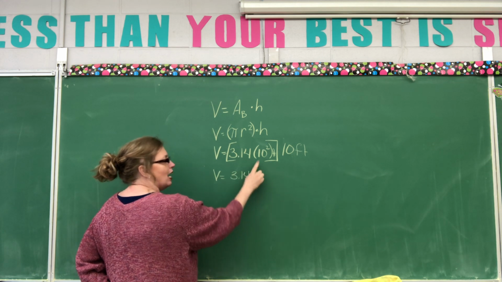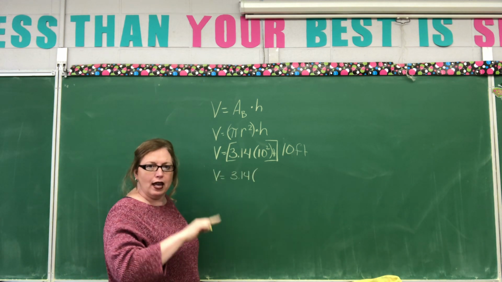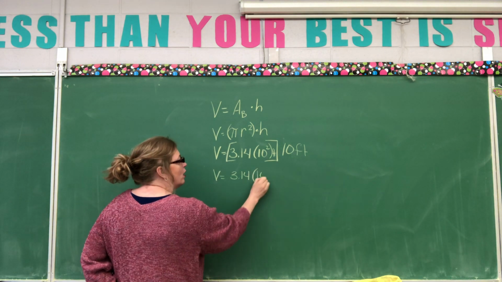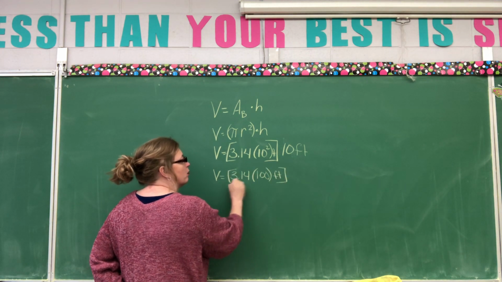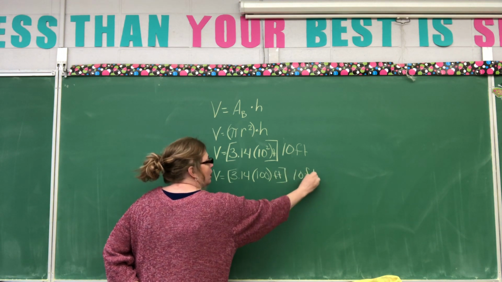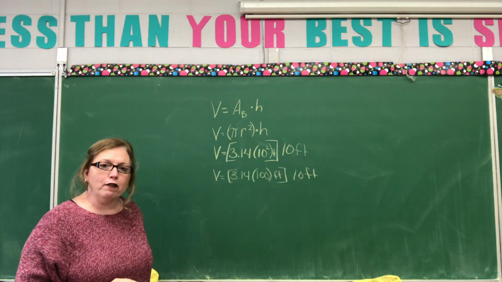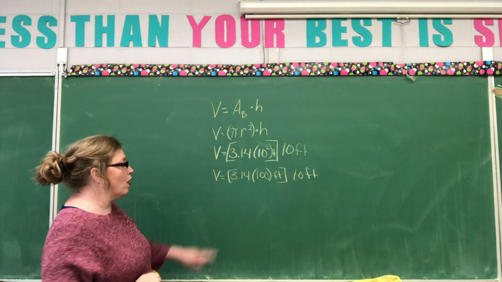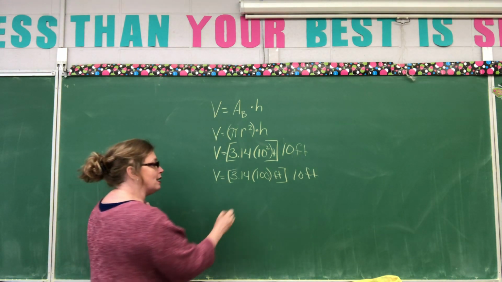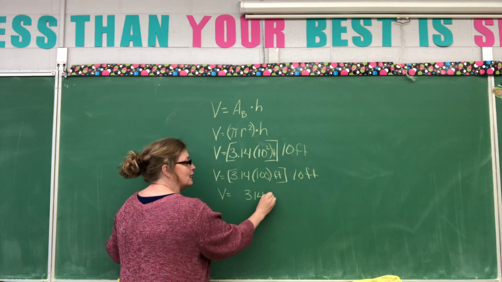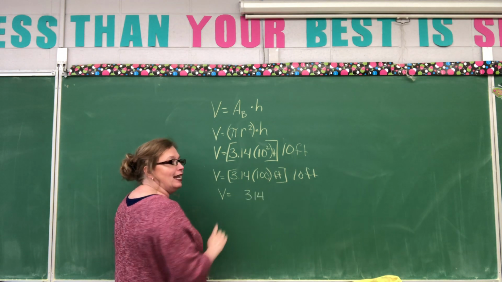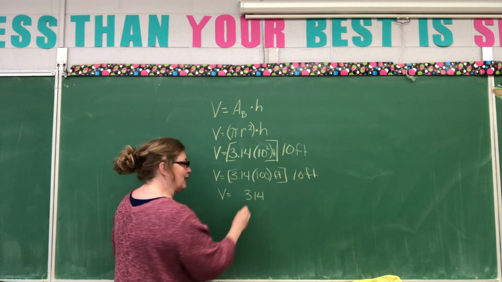3.14 times 10 squared. 10 times 10 is 100. 100 feet here, okay? Bring this 10 feet down. 3.14 times 100, all I'm going to do is move my decimal over 2 places, and I'm going to say that it's 314. What is this? This is the area of the base.